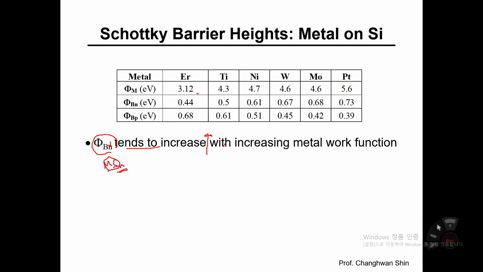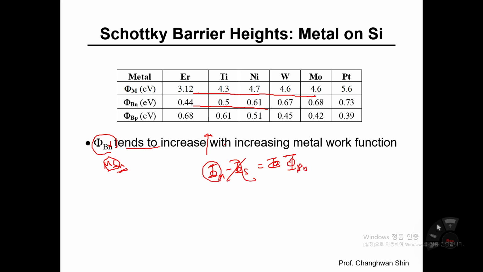So as you can see here, if the metal work function is increasing, the Schottky barrier height, phi sub Bn, is increasing, but not exactly. In the ideal MS diode theory, phi m minus chi is defined as the Schottky barrier height, phi sub Bn.